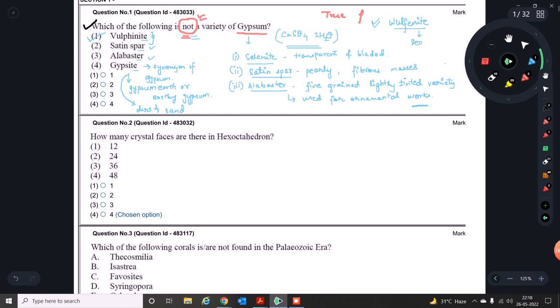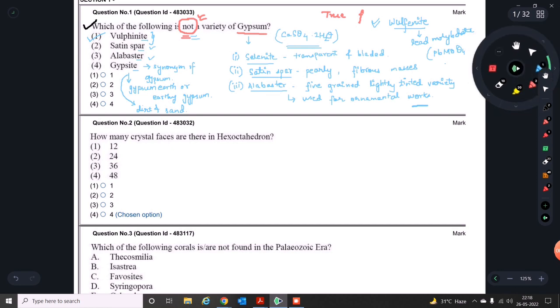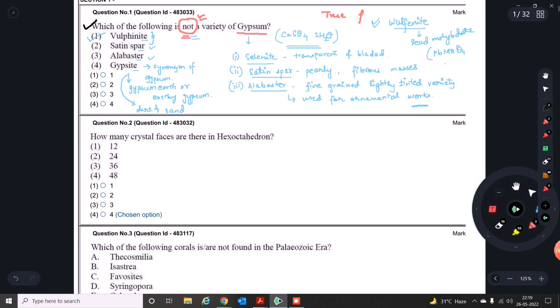So this is not a variety of gypsum. Okay, it's a lead molybdate mineral. Write the chemical formula here. It is basically PbMoO4. So basically, the first one will be the right answer here.